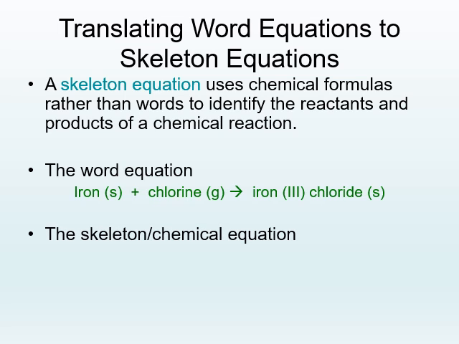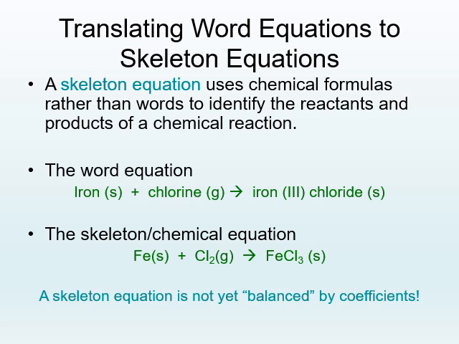The skeleton, or chemical equation: iron, the symbol is Fe, chlorine gas Cl2, arrow, iron chloride FeCl3. A skeleton equation is not yet balanced by coefficients. In this way, we can change a word equation into a skeleton equation, or we can say a chemical equation.